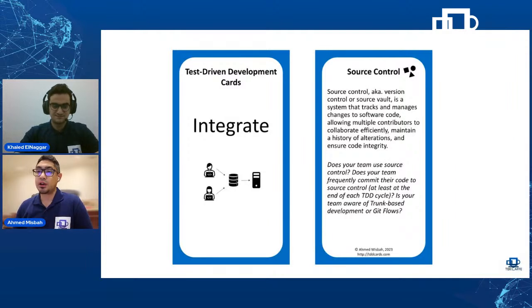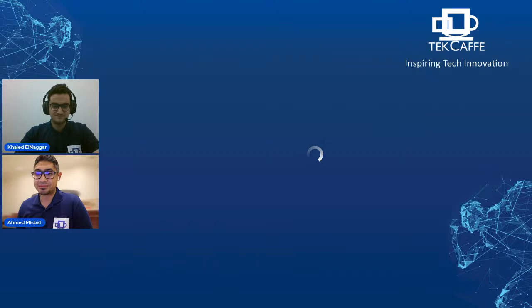So this is why this is a very important stage that you should put at the end of every TDD increment or cycle. So Khaled, now that we know the importance of pushing code frequently to source control, how about we do that to all of the work that we have just done right now?